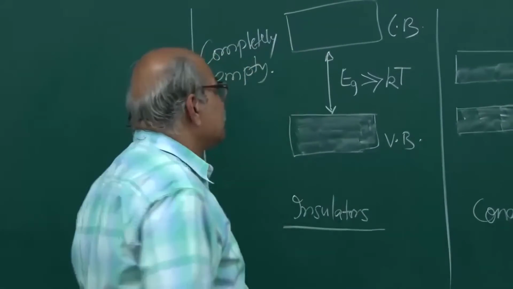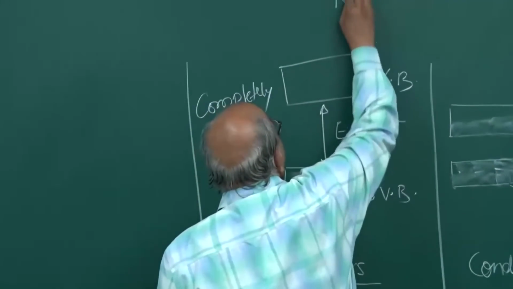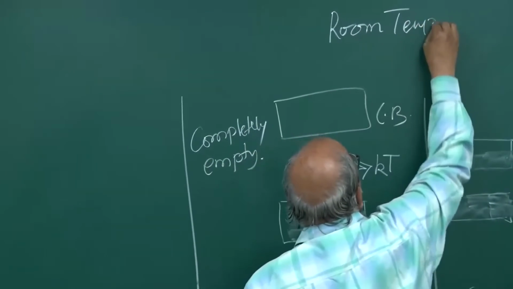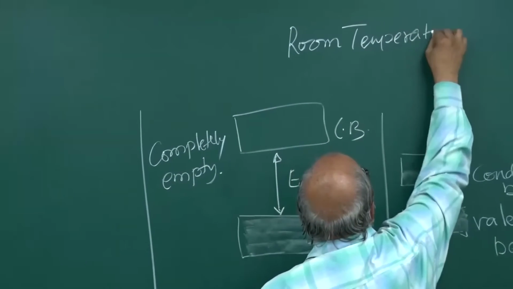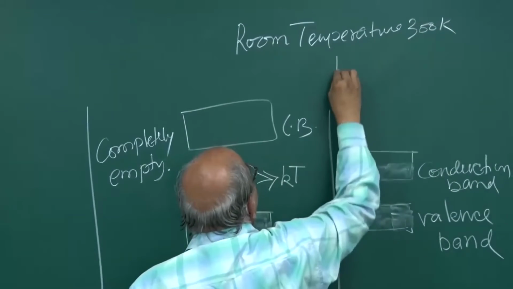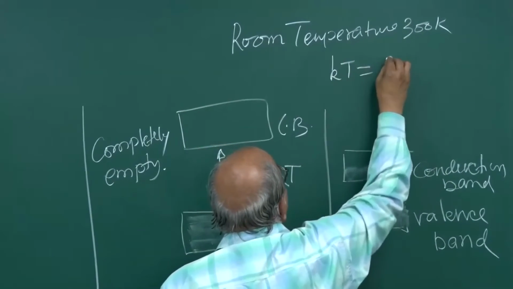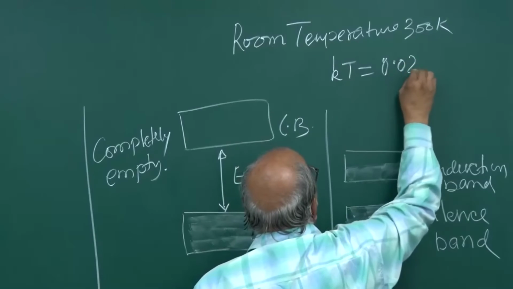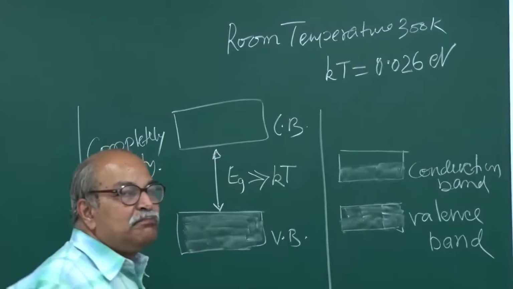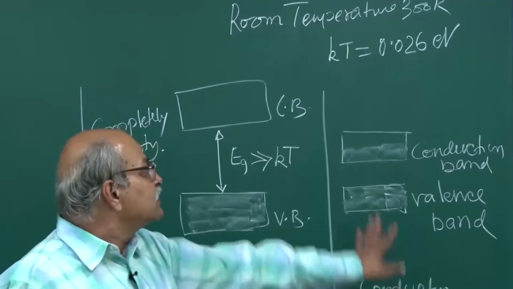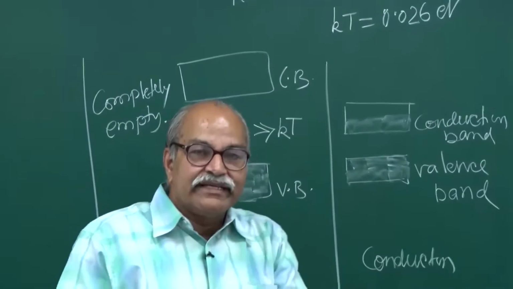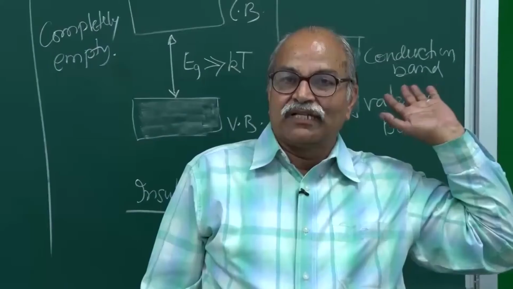For example, at room temperature, 300 K, this k times T is 0.026 electron volts or 26 milli electron volts. So this is kT, and the energy exchange is of this order.